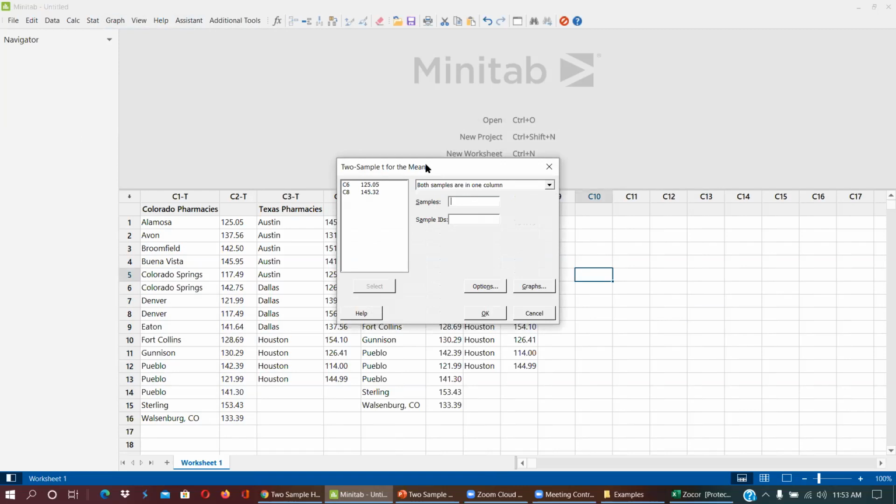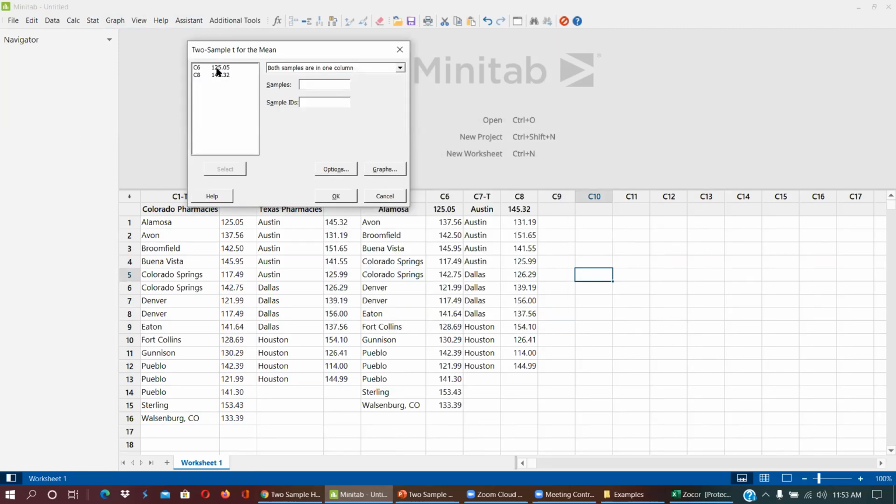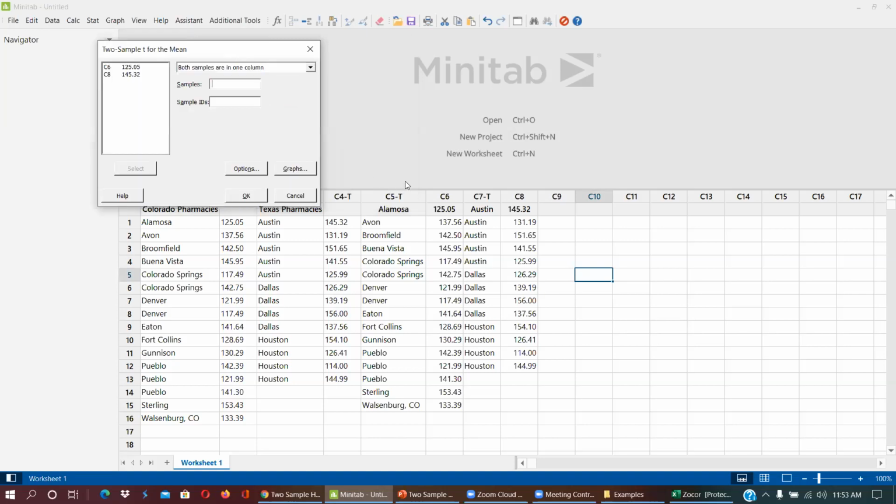And now C6 is our Colorado one. I think I did... No, something again has been done wrong.